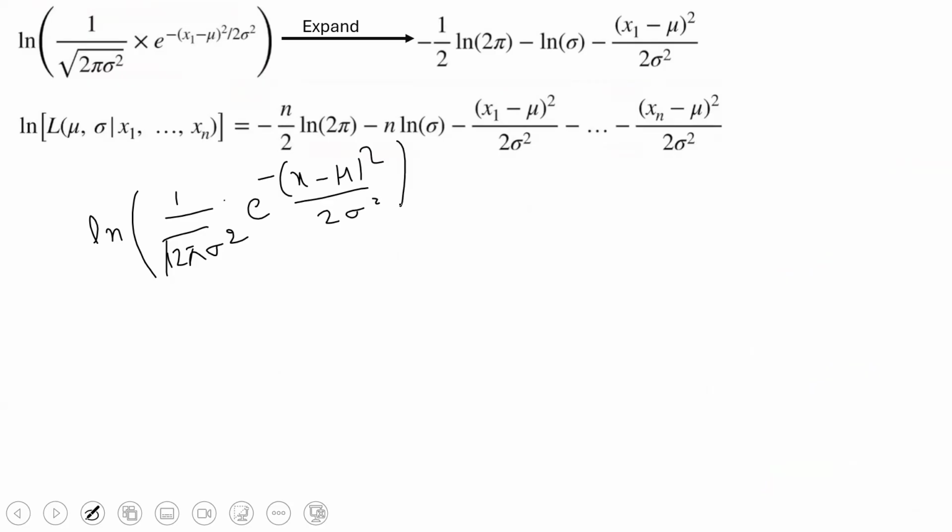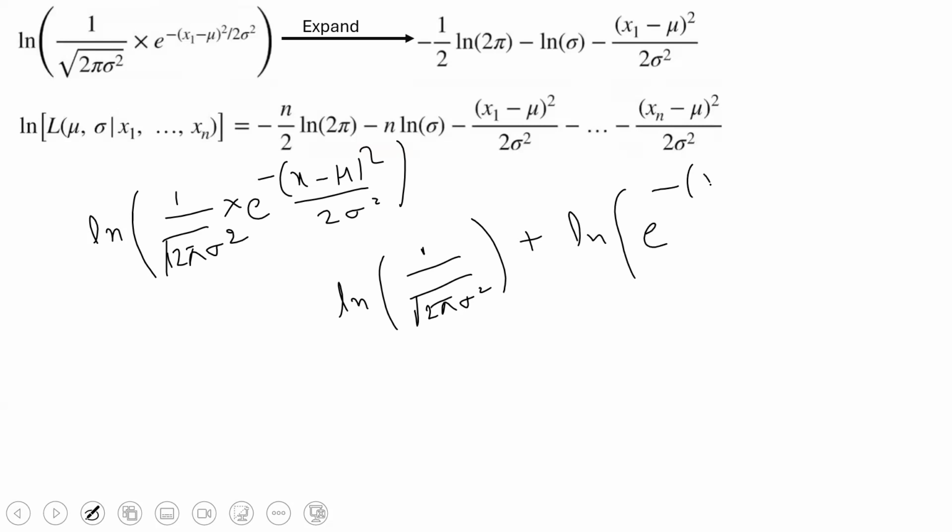And now this is multiplication, right? What I can do: ln of 1 by the root of 2 pi sigma square would be one term, plus ln of e to the power of minus (x minus mu) whole square by 2 into sigma square. This is the base e.